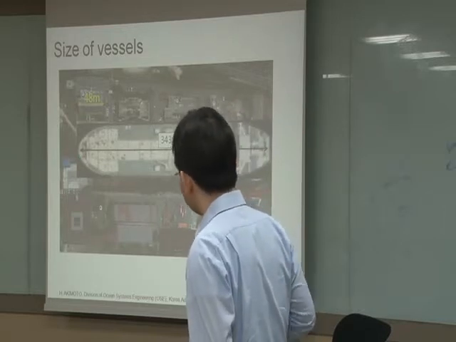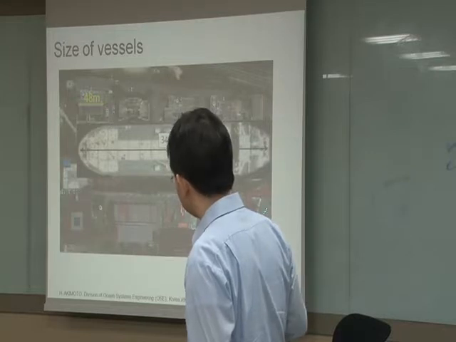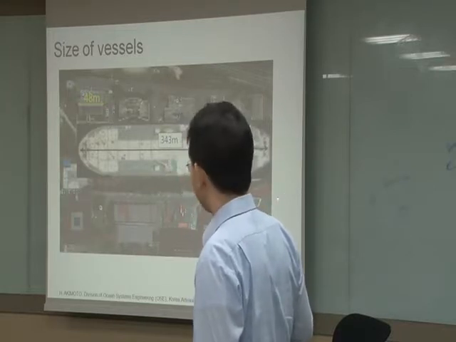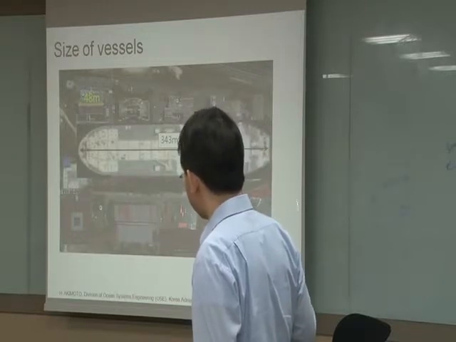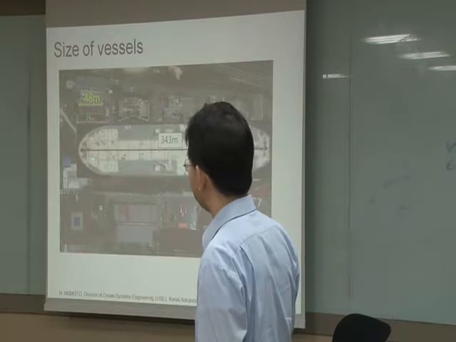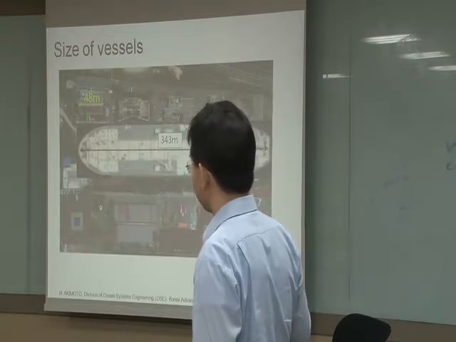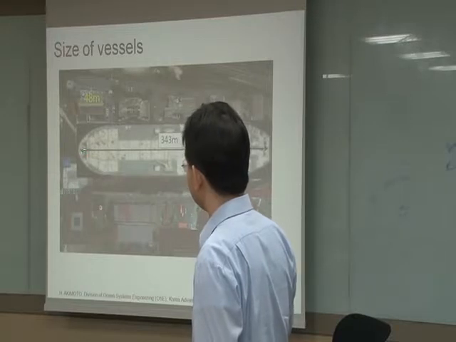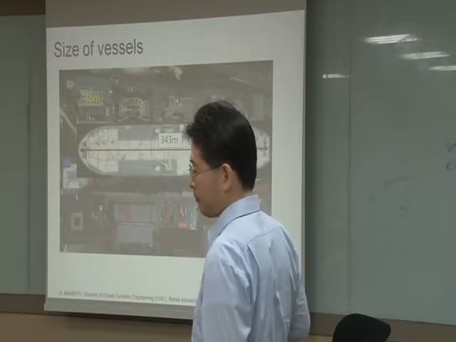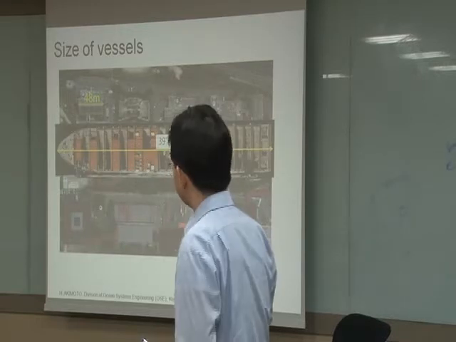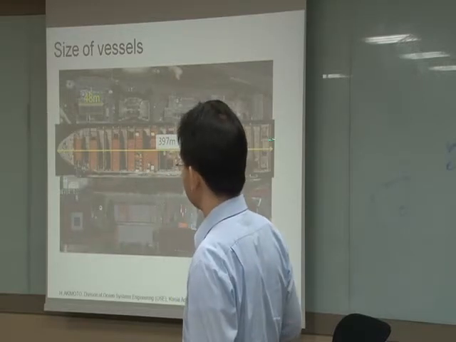I guess Eureka Hall is here, and one restaurant is there. When you go to this restaurant, please feel the distance from Eureka Hall to this place. It is almost equivalent to walking on the deck of Esso Osaka. And Emma Maersk is still larger than this one.